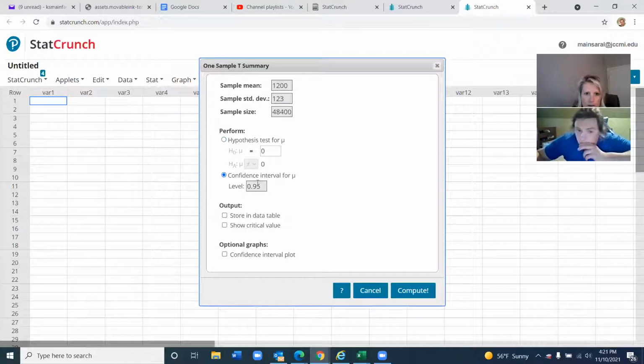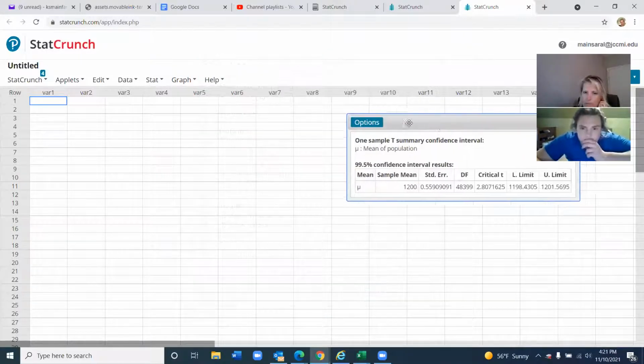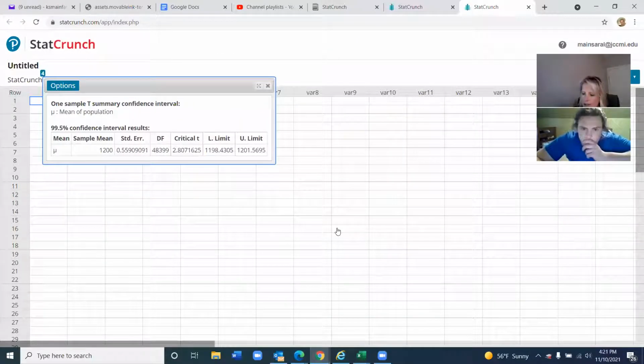And confidence interval, and this time, this was the 99.5. And there's our lower limit. It's 1198.4305. And the upper is 1201.569.